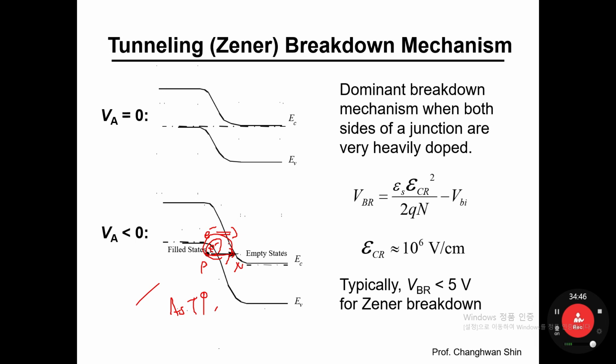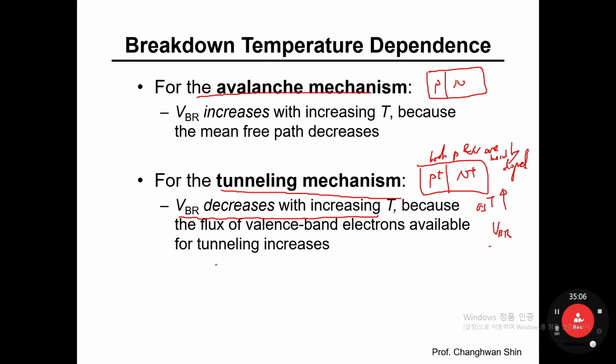So as temperature increases, more electrons are available for the tunneling mechanism, so a smaller amount of reverse voltage is necessary. That's the main reason why breakdown voltage decreases with increasing temperature when the tunneling mechanism is dominant.